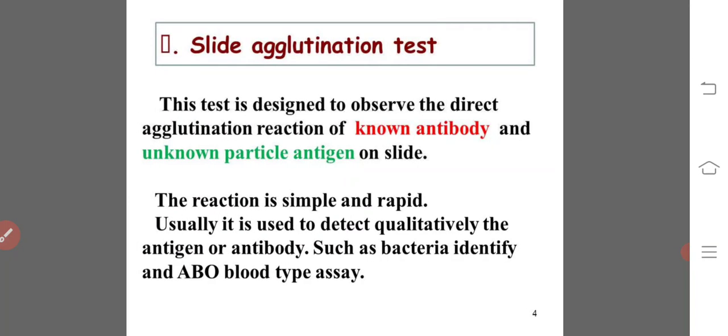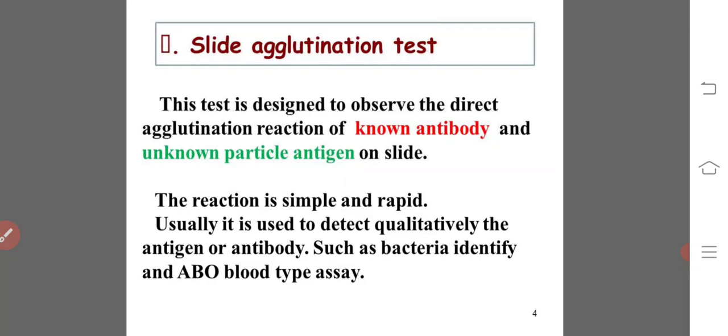And here you can see in the slide agglutination test, there is a latex agglutination test for antigen detection, and latex agglutination test for antibody detection. They come under the slide agglutination test.